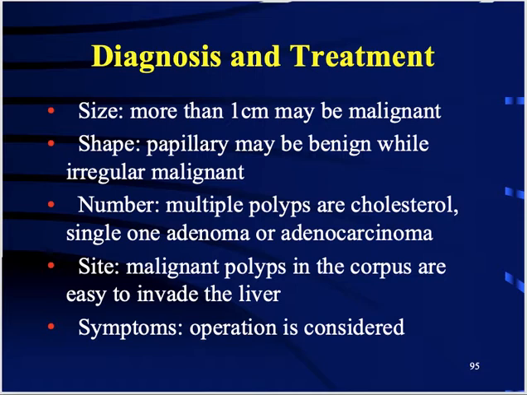Of course, to know where the mass is, or how big the mass is, we have a number of investigations available. We can go from ultrasonography to CT scan to ERCP to MRCP.